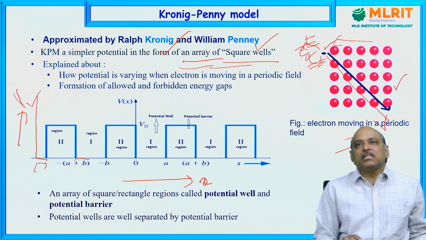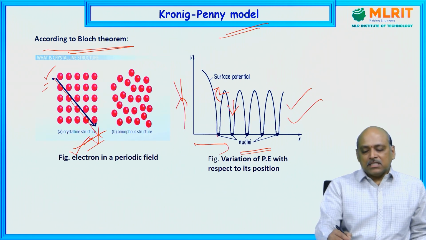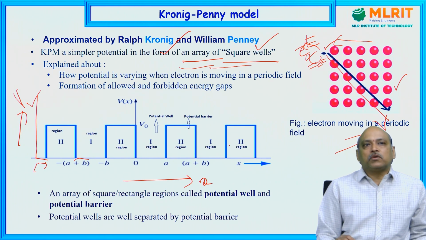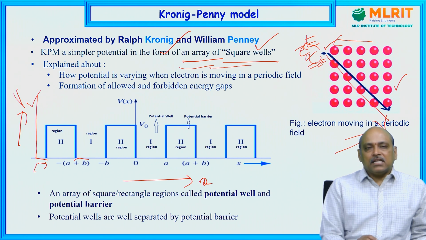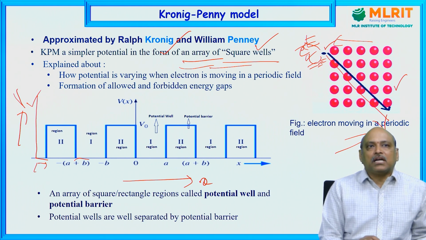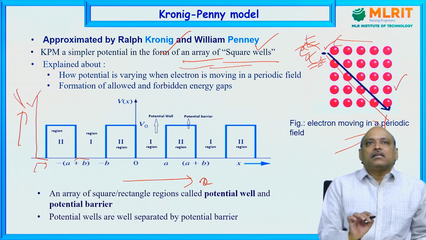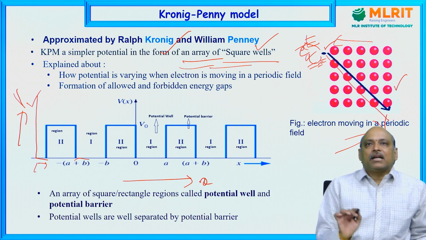Whereas in the Bloch theorem we have seen that the potential energy slowly increases, attains the maximum value, and slowly decreases. According to the Kronig-Penney model, when the electron is far away from the positive ion site, its potential energy is maximum, and as it moves towards another positive ion site, no slow change can be expected, rather a step change.